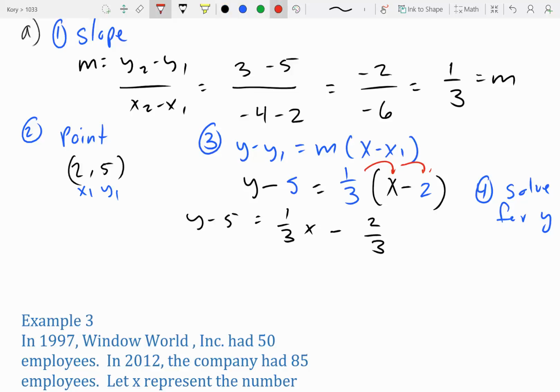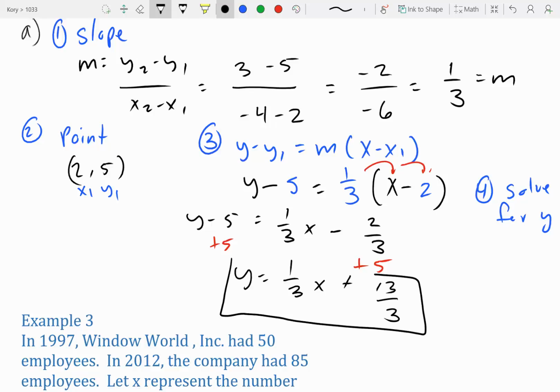Still need to solve for y, so we're going to add 5 over. So we have y equals 1 over 3x plus 13 over 3. And that is in y equals mx plus b form. That's slope-intercept form. So we have our solution.